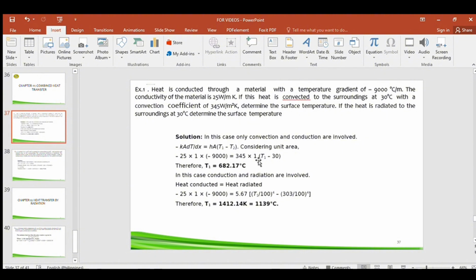So by plugging this into our calculator and using the direct solution or the shift solve, we get the temperature at state 1, which is 682.17 degrees Celsius.